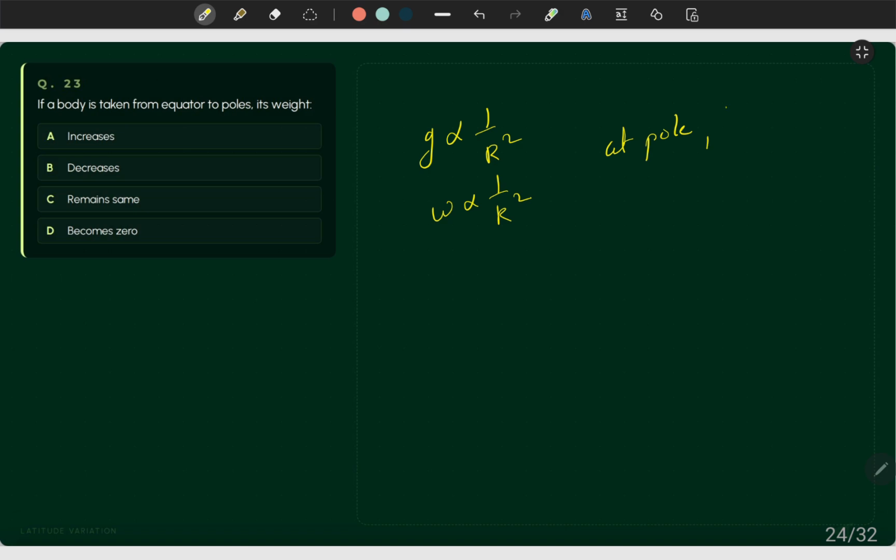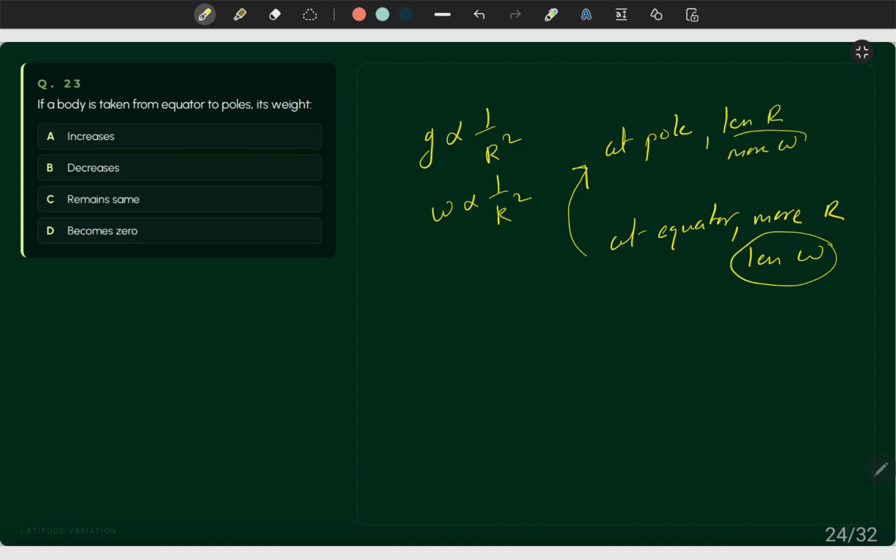At pole, less r, more weight. At equator, more r, less weight. So while going from equator to pole, you are going from less weight to more weight. That means the weight is increasing.